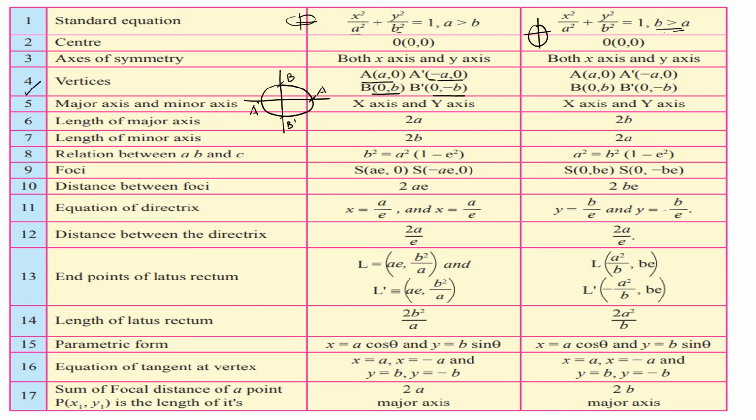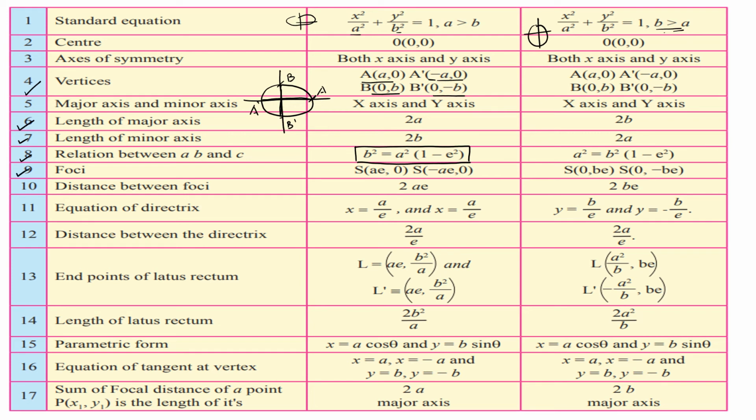So done with vertices. Now this a dash is called the major axis, and if I find its length, it comes out to be 2a, because it is a, 0 and this is minus a, 0. Then b dash is called the minor axis. If I apply the distance formula, it will be 2b. Then we have just assumed b square as a square 1 minus e square, correct?